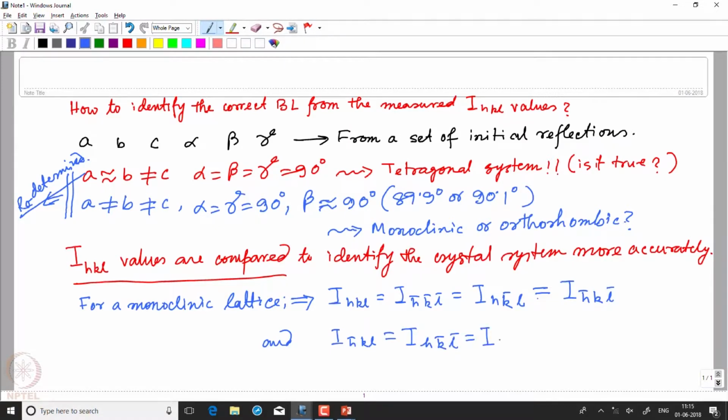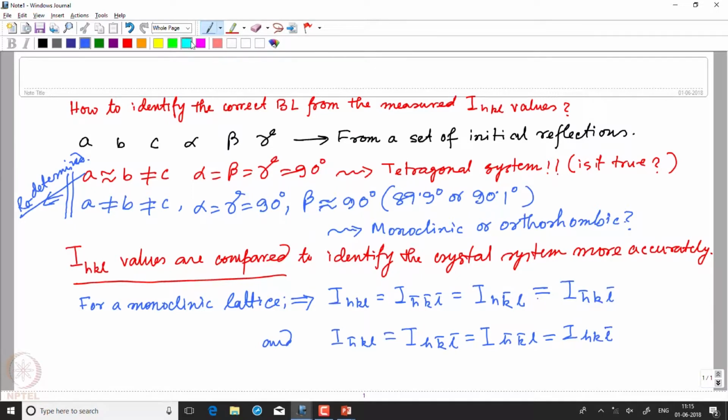Then you apply the mirror symmetry, so it is I H bar K bar L equal to I H K L bar.